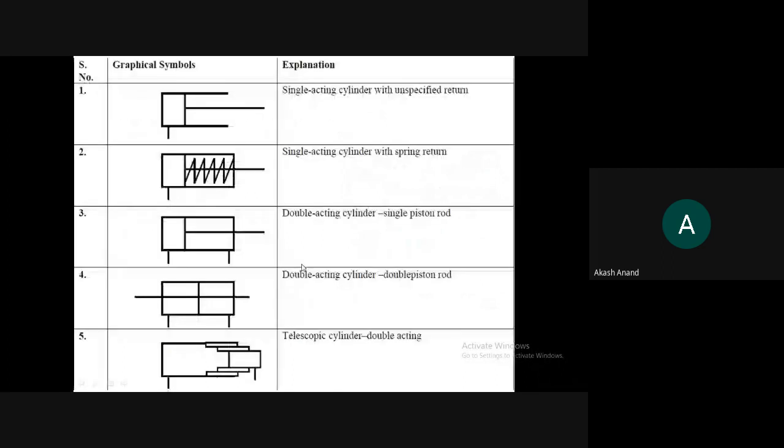So this symbol represents different sleeves and two ports. This entire symbol represents a telescopic cylinder with a double acting arrangement. You have to identify these types of cylinders. We have to picturize this for making a circuit, a graphical symbol circuit.